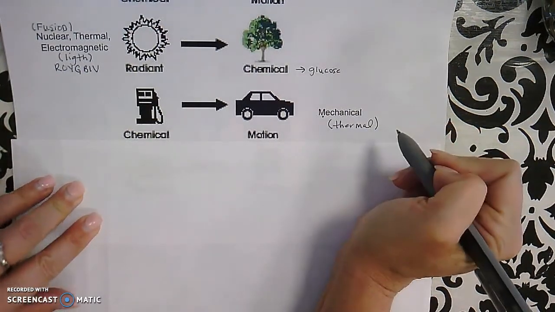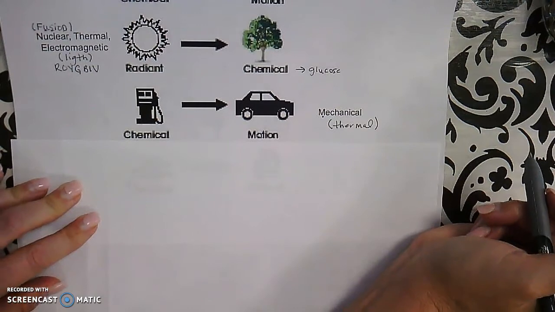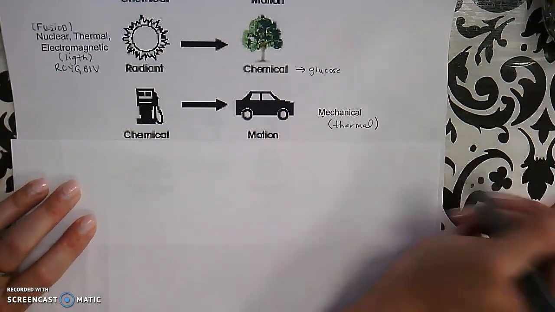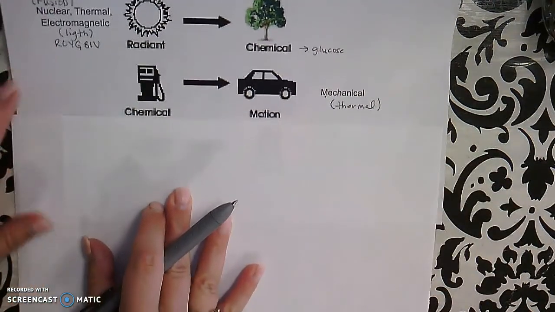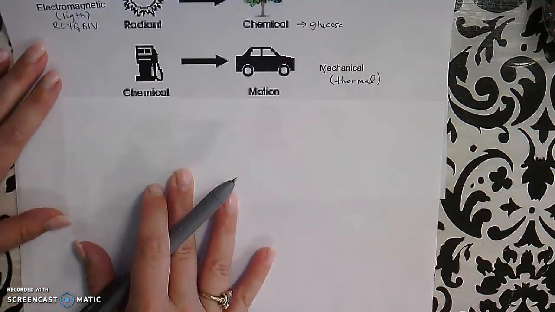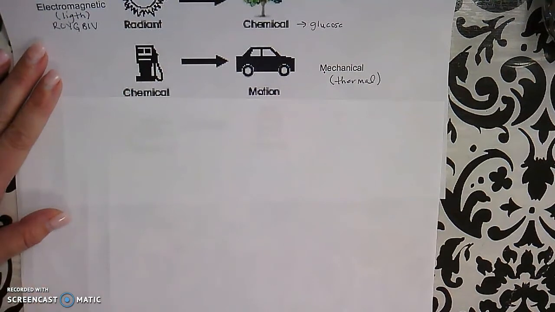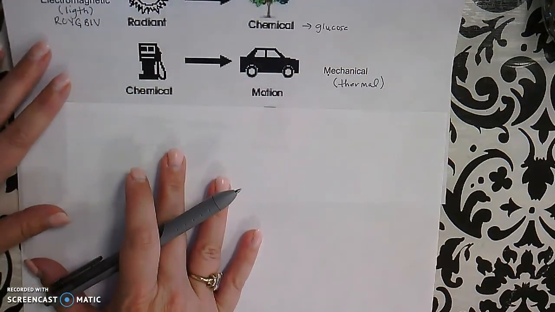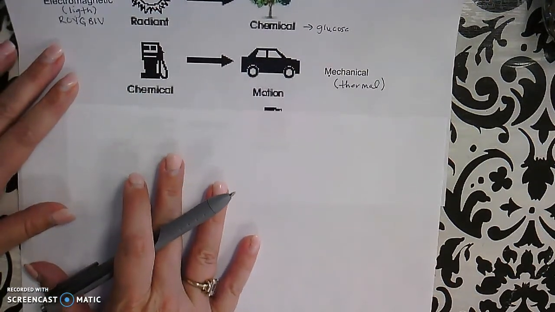We might also keep in mind that the sound from the car is also going to be made, so sound energy is going to be made. But the purpose of the car is for it to move, so that's going to be mechanical energy. But we always know that different energies are going to be made. It's not going to be just one perfect energy transfer. Some energy is going to be made that's wasted.